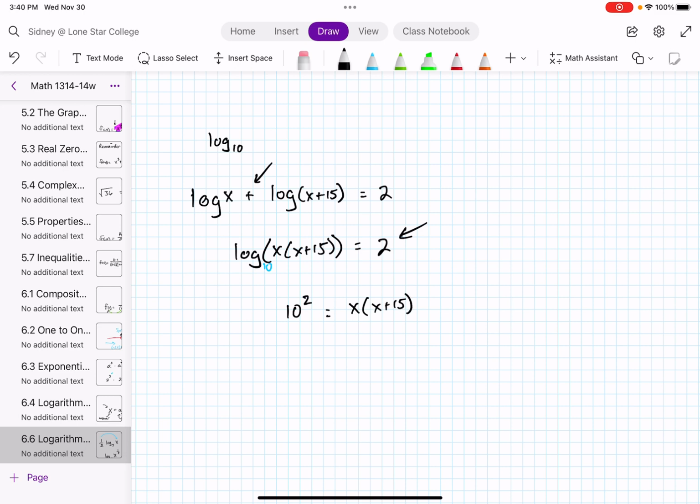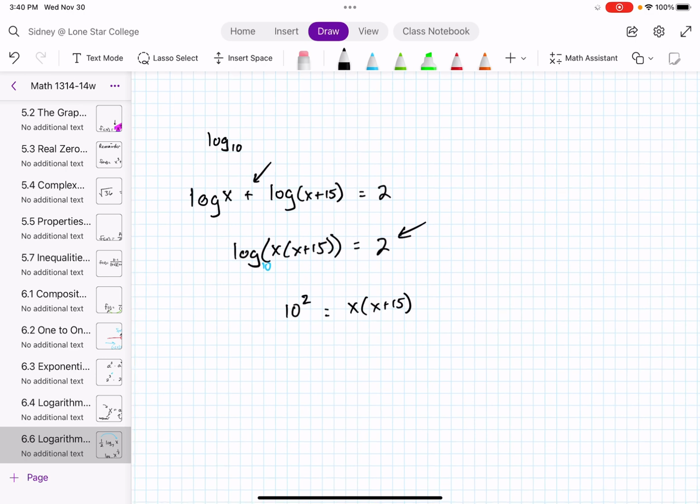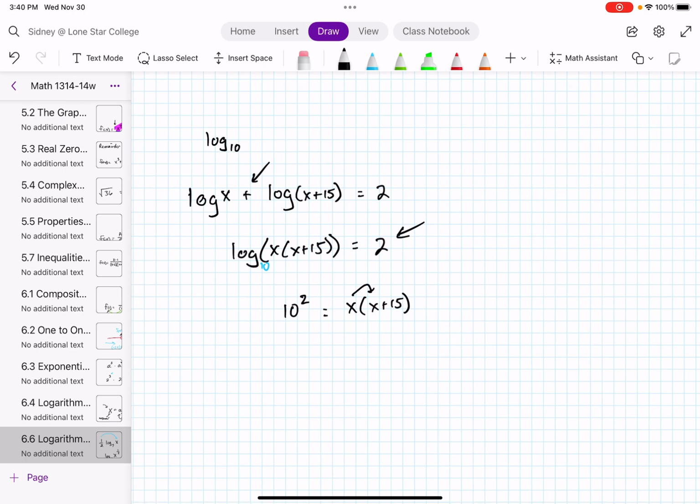Now, you may notice that this is going to be a quadratic, and so if I distribute that there, I have x squared plus 15x is equal to 10 squared, which is 100. And if I subtract 100 over, I end up with a nice, neat quadratic. 0 is equal to x squared plus 15x minus 100.